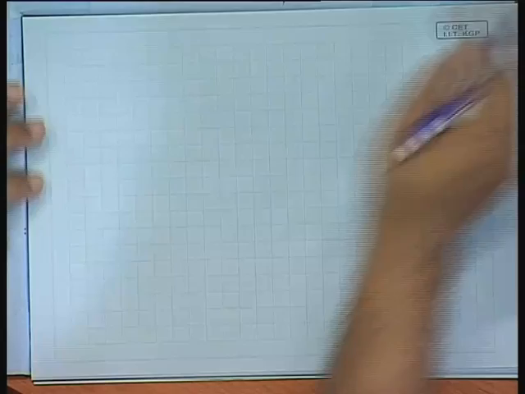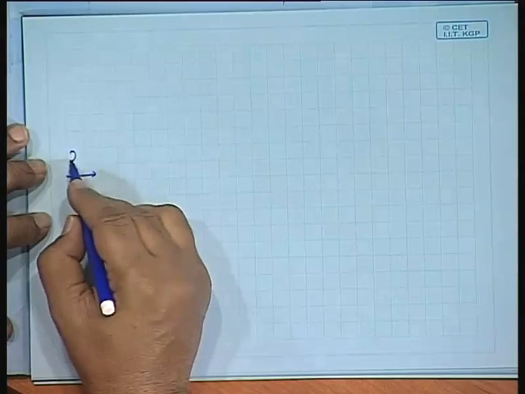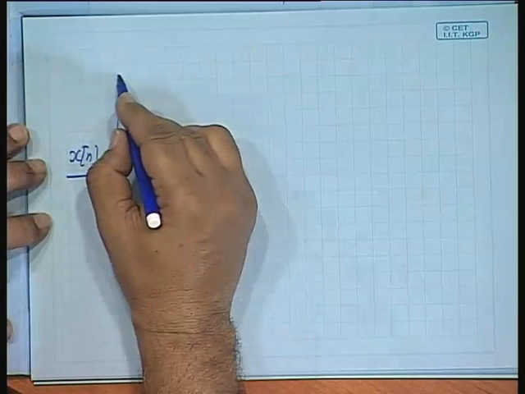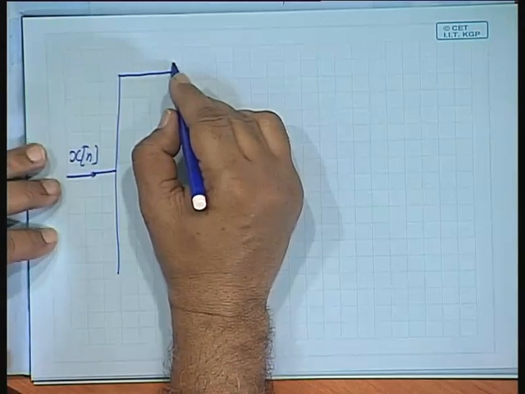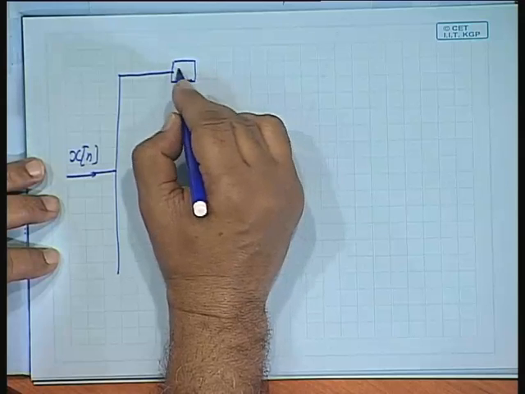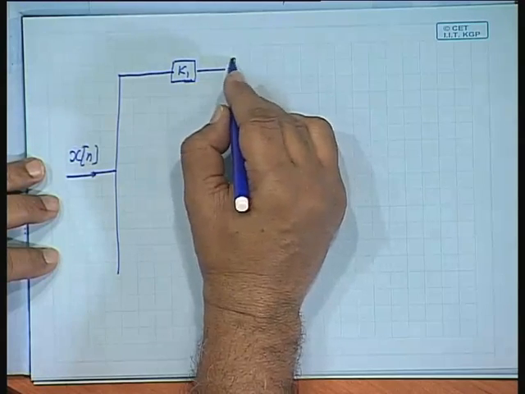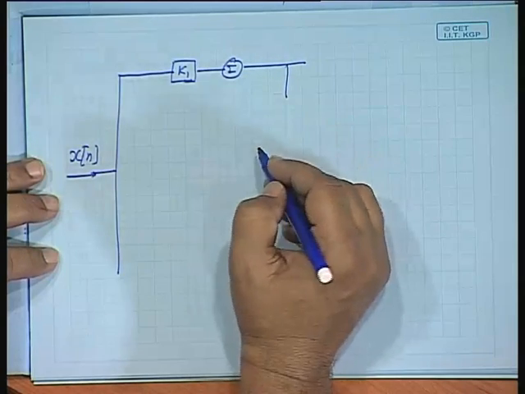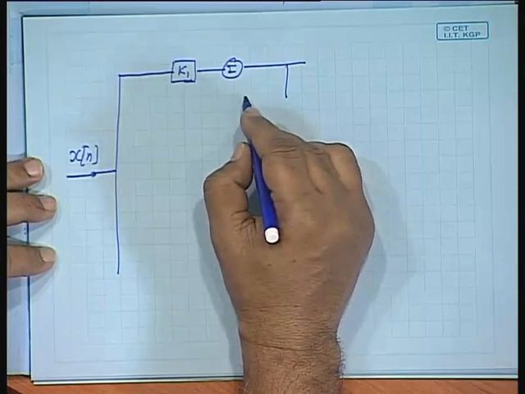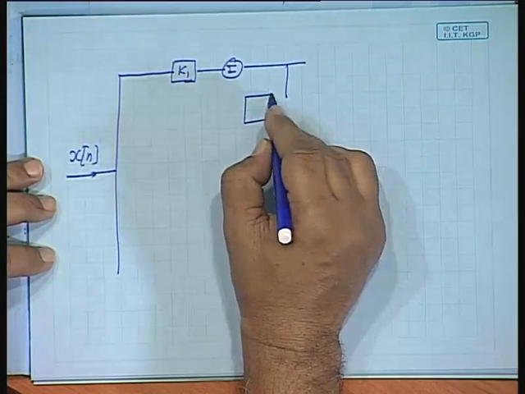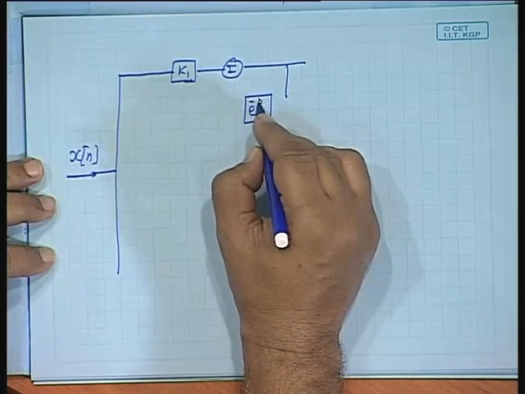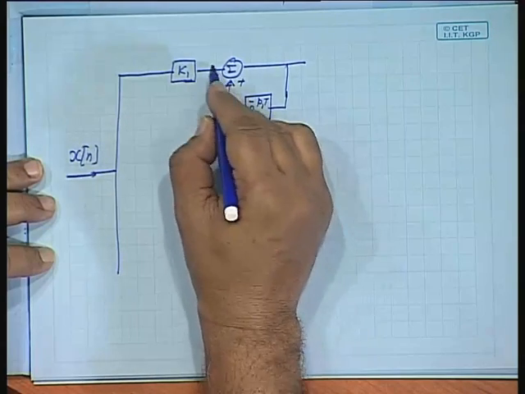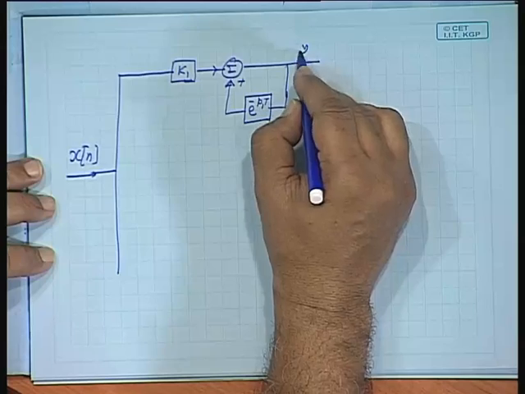So it will be x(n), you can have K1, adder, e to the power minus p1 T, this will be say y1.